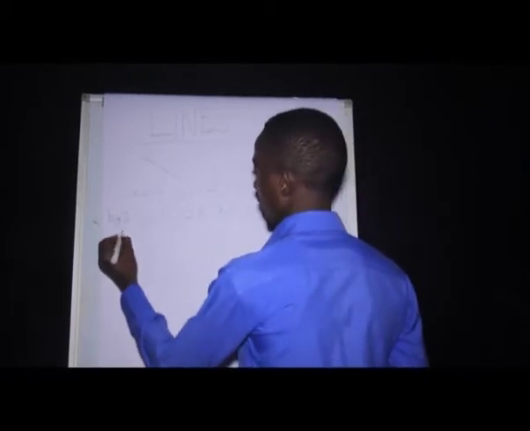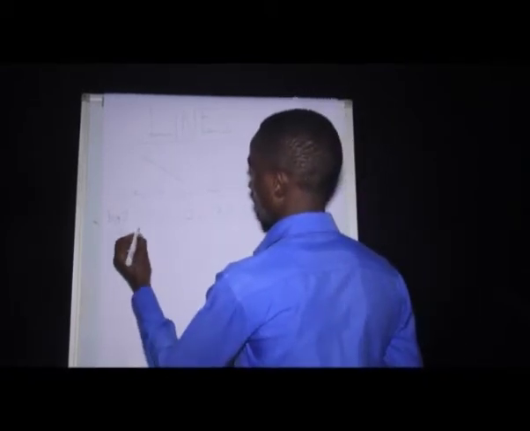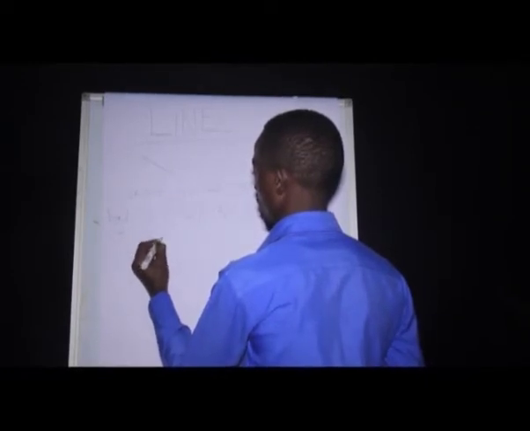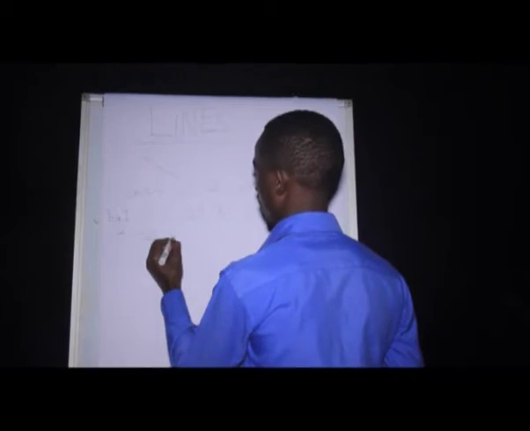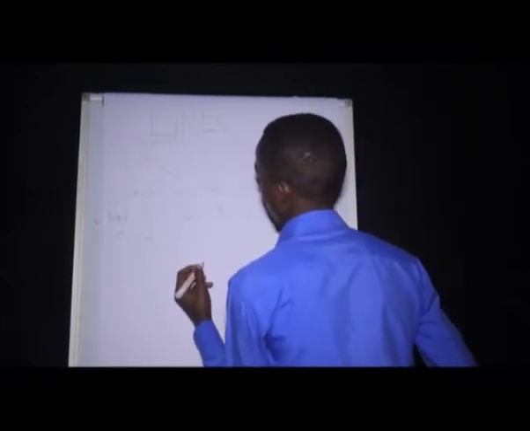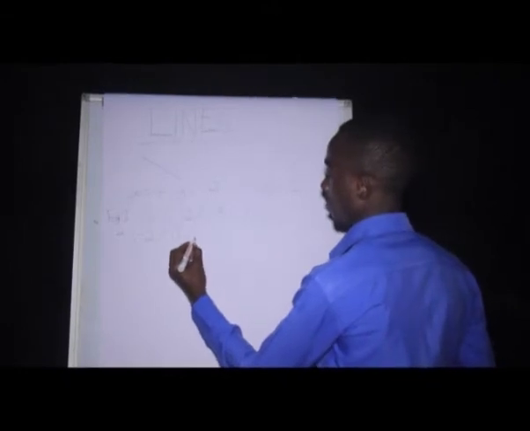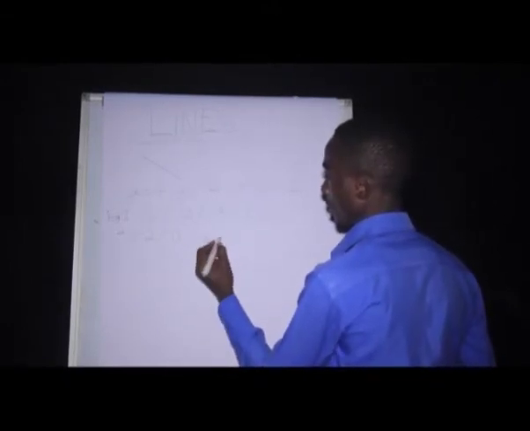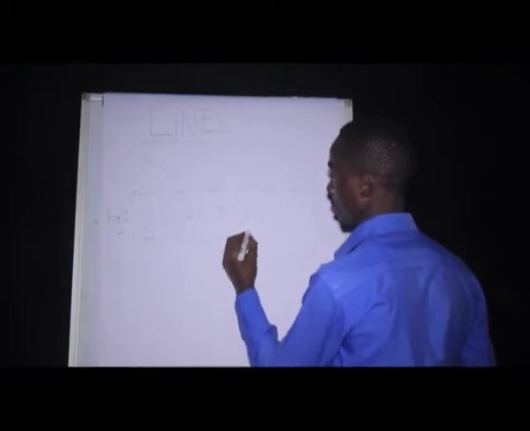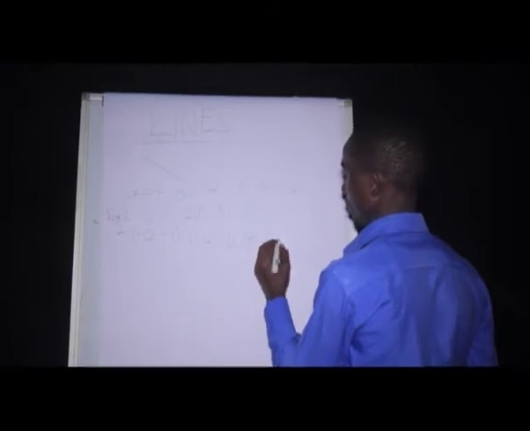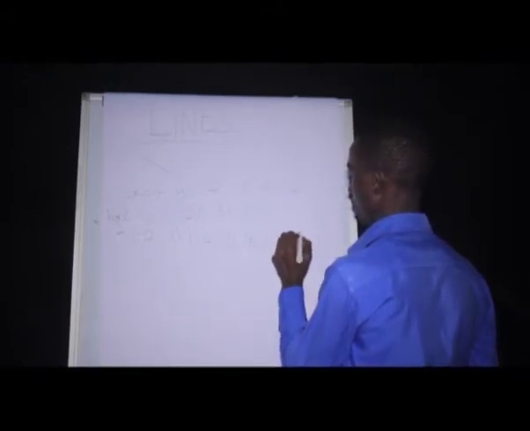Then I also have example 2. This has negative 2, negative 1; negative 4, negative 1; 5, negative 1; and 10, negative 1.